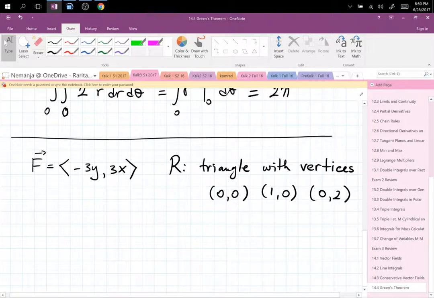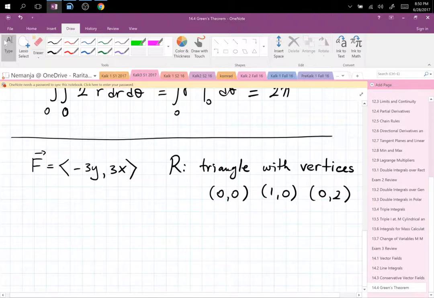Draw the region because you need to set up the integral later, those double integrals. So this is technically 13.2 to set it up. Calculate the curl, put that in the integral, and then deal with the region looking at the graph.